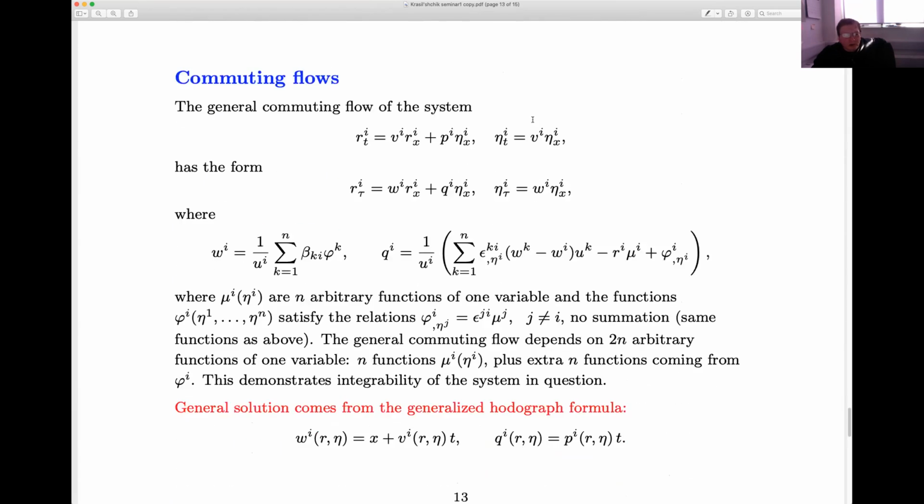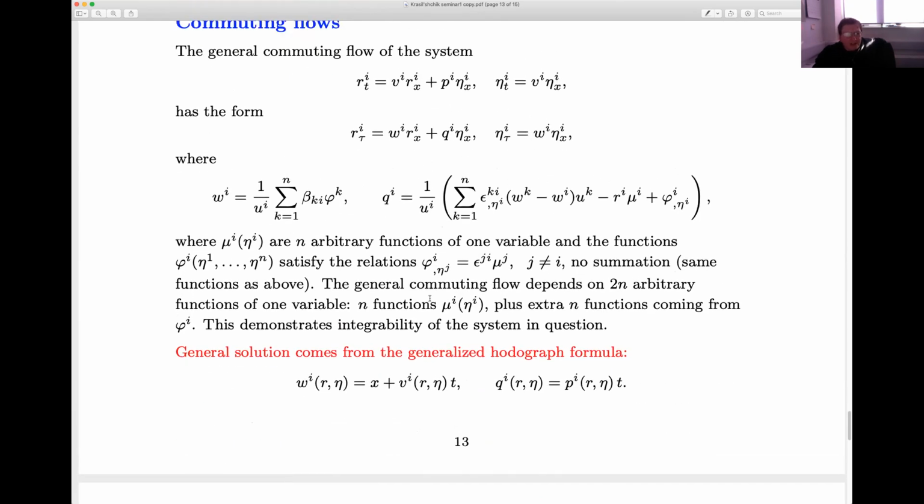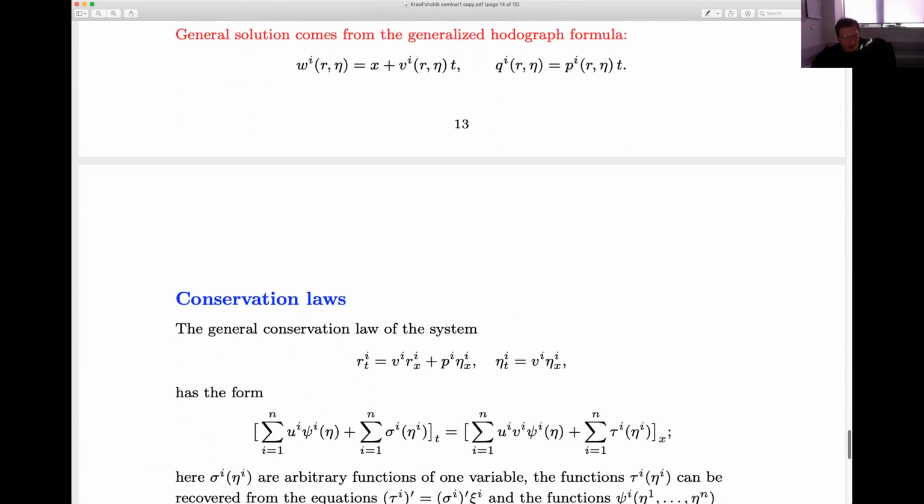I would like to stress that when you put here w_i's, v_i's, q_i's, p_i's, they're huge, right? But they simplify dramatically and they become very, very simple, and they give me a general solution. All right.